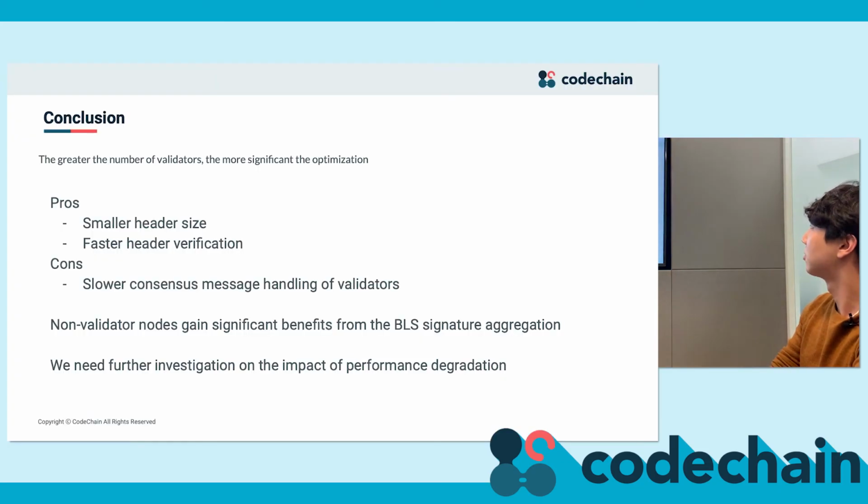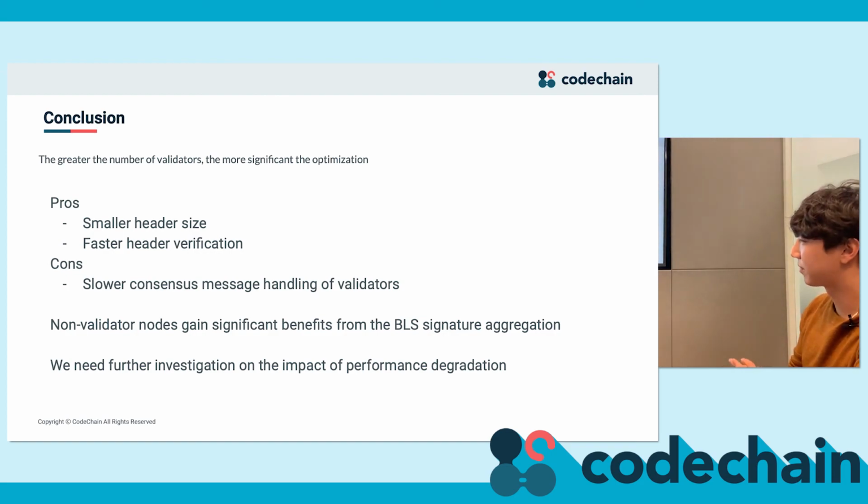So this is the conclusion. If we adopt BLS signature aggregation, then we can get a smaller header size and faster header verification. The disadvantage is slower consensus message handling of validators.